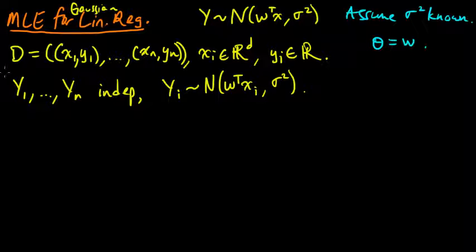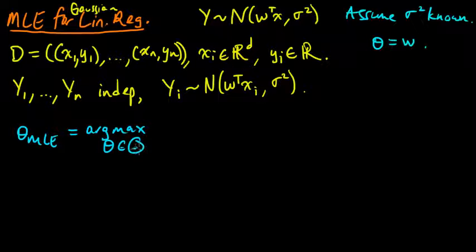And to compute the MLE, what's the MLE? Well, a maximum likelihood estimate is a maximizer. It's an argmax over thetas, over all the possible thetas, capital theta. In this case, since theta is just w, that's all the possible w's, which is just R^d, since w lives in the same space as these xi's.